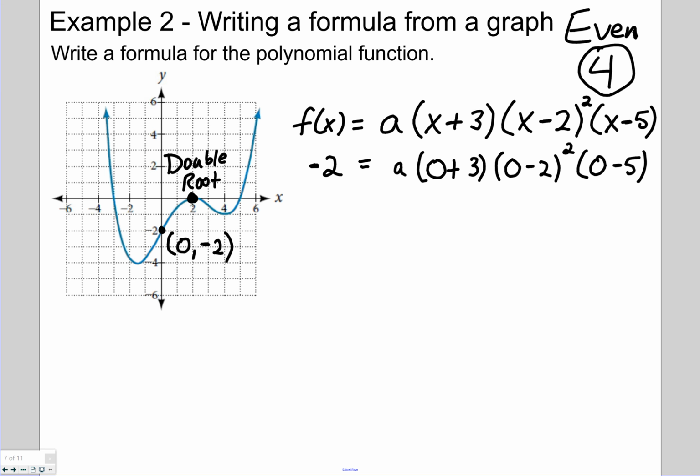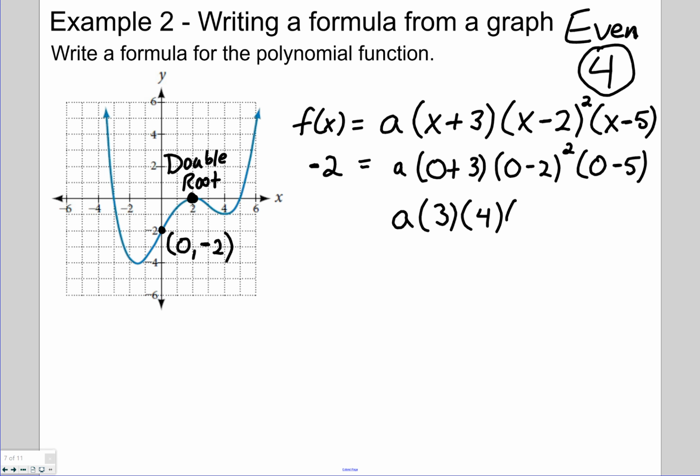Now, guys, this is the heart of algebra. You have an equation with one unknown, the letter A. So write down letter A. What is 0 plus 3? 3. What is 0 minus 2? -2, and then Jalissa's brain squared it. Yes, so she said 4.